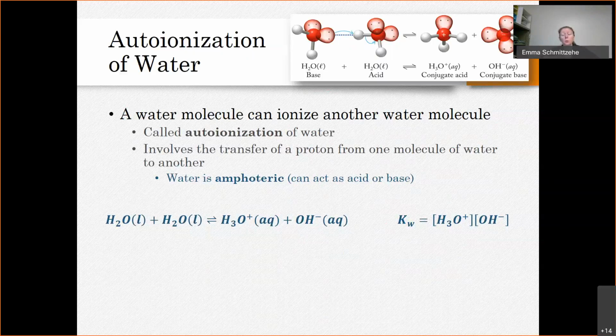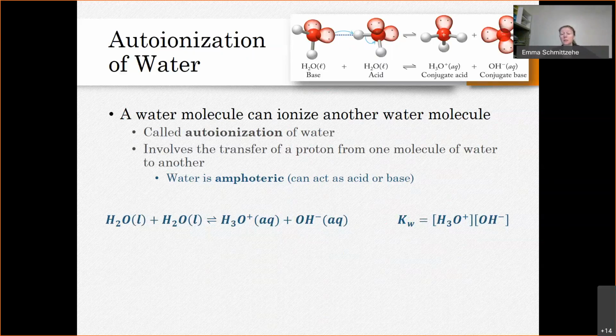If you add some extra H3O plus, then the equilibrium will shift to the left based on Le Chatelier's principle. It will try to consume that added substance, but the product of those concentrations will still remain constant.